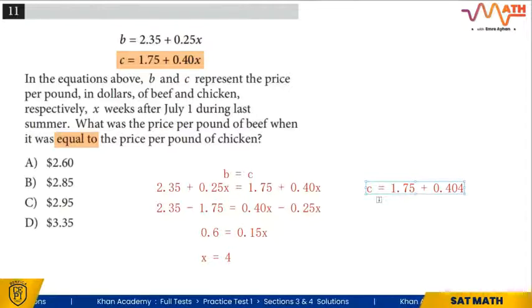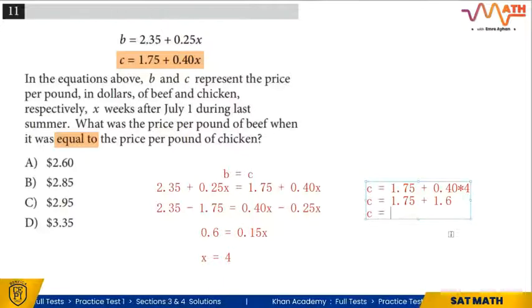Let me write star, and it's times. So then it will be C is equal to 1.75 plus 1.6, right? 1.6, and C is equal to then 3.35, which is D.